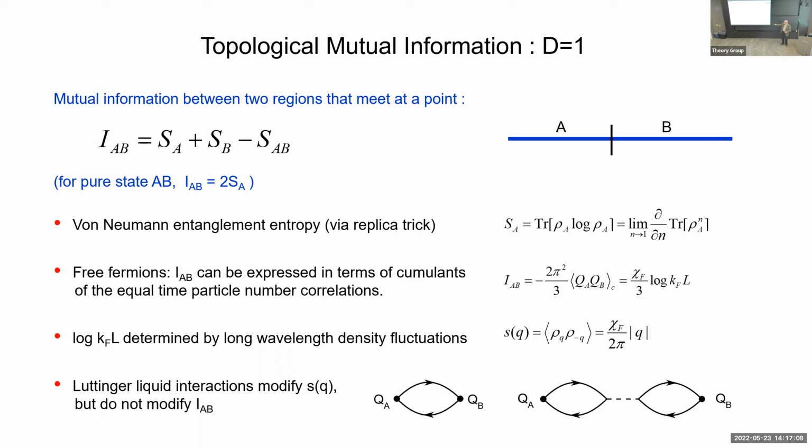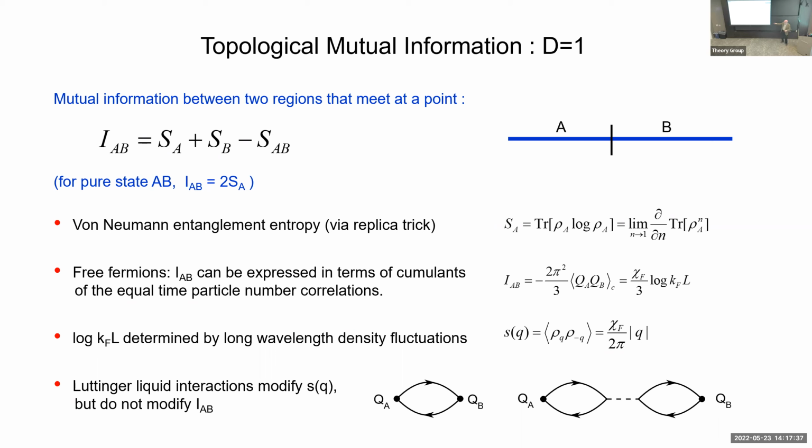And this thing has a universal behavior. Okay, so the equal time density correlation, and this is a trivial thing to think about in a Fermi gas, because this rho of Q, rho of minus Q, what it basically measures is the volume in momentum space that is inside the Fermi surface but outside the Fermi surface shifted by Q. Okay, because it's not too hard to see that.